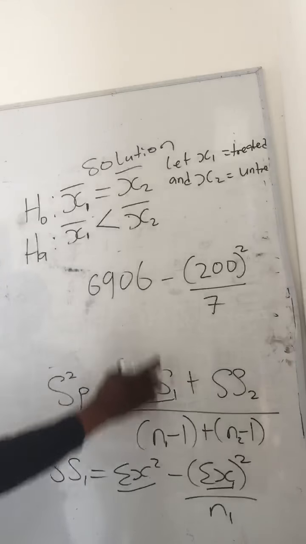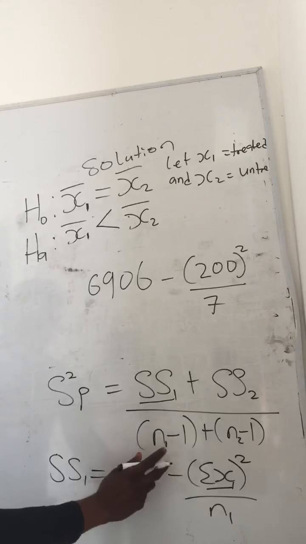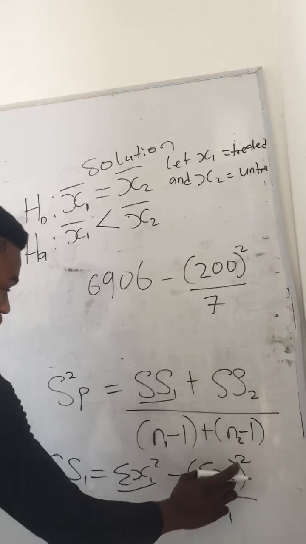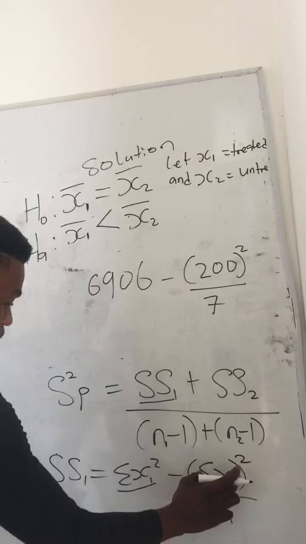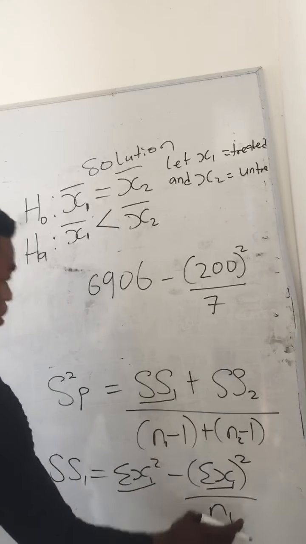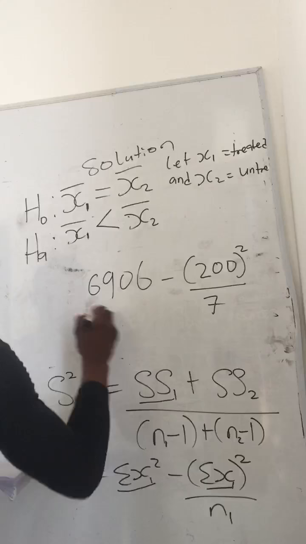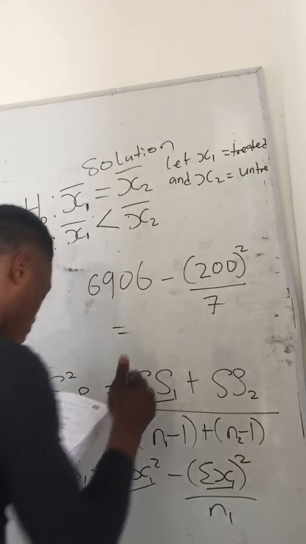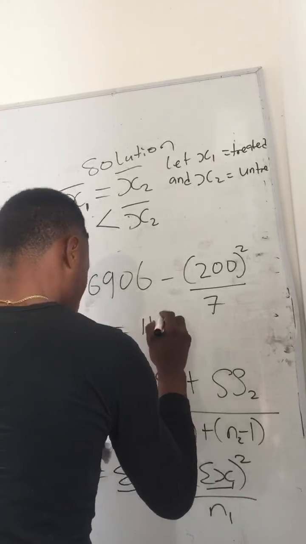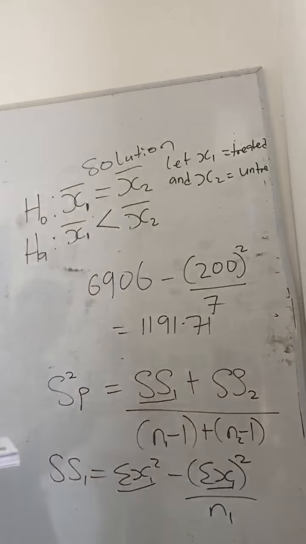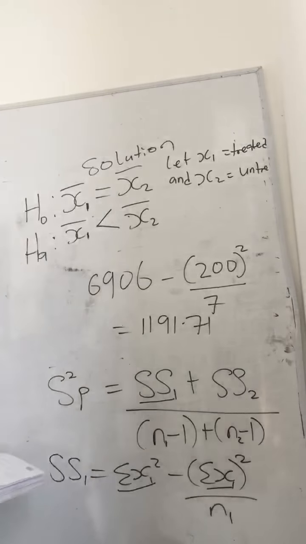The 6906 is my summation s1 squared, minus 200, which is my summation x, squared, and 7 is the n. So when I do this, I'll get 1191.71. We'll take note of that.